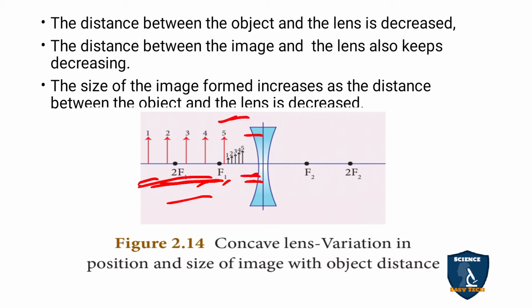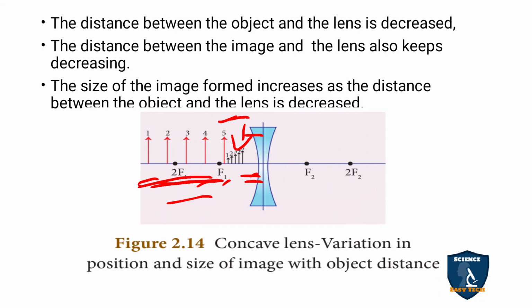You can see the small arrow mark, and then the larger one. So by decreasing the distance between the object and the lens, the image size will increase.